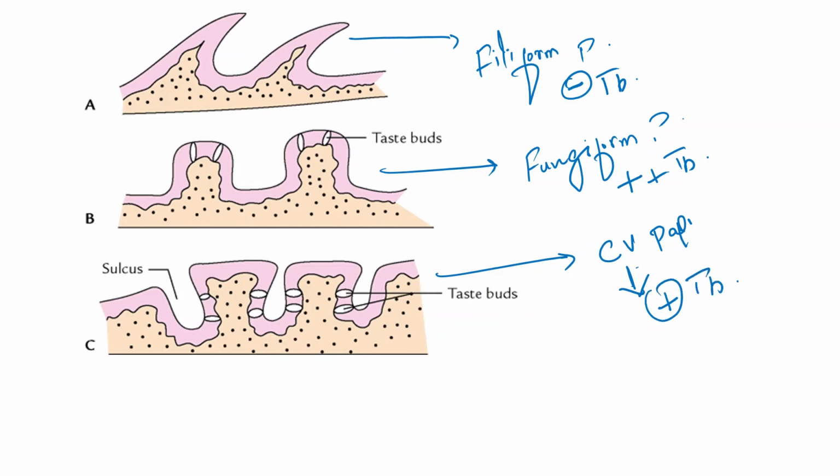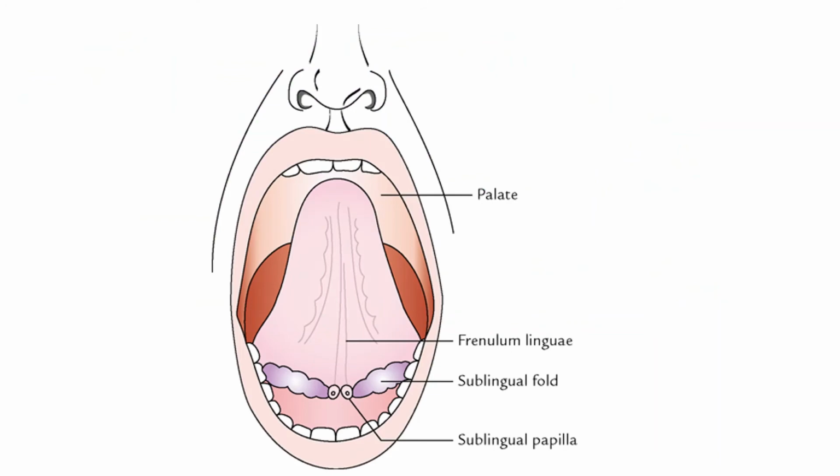The filiform papillae have an additional feature: the apical portion of the filiform papillae is keratinized. So there is keratin present in the epithelium of the filiform papillae. So this is about the types of the papillae.